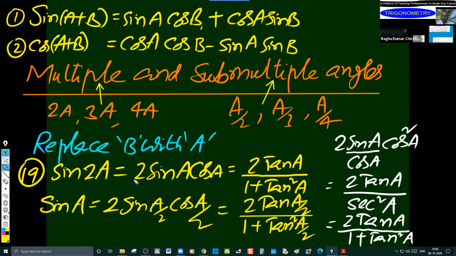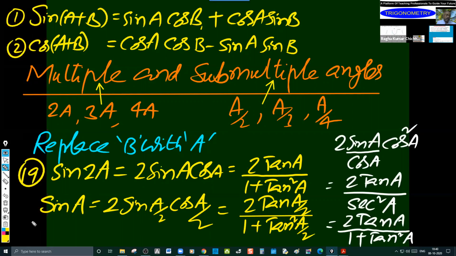Sine 2A is equal to 2 sine A cos A is equal to 2 tan A by 1 plus tan square A. And submultiple, of course, you need not learn separately if you remember this: sine 2A itself is taken as sine A, 2 sine A cos A is taken as 2 sine A by 2 cos A by 2, and thereby 2 tan A by 1 plus tan square A becomes 2 tan A by 2 by 1 plus tan square A by 2.